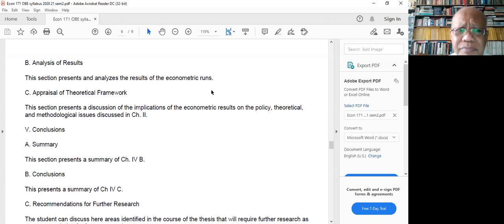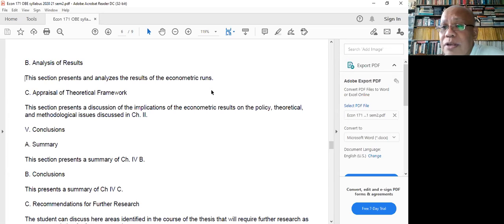Anyway, whether you use Stata or Gretl, your econometric results, among other things, show the estimated coefficients and likely the standard errors. They also automatically show the asterisks. The asterisks indicate the level of significance.